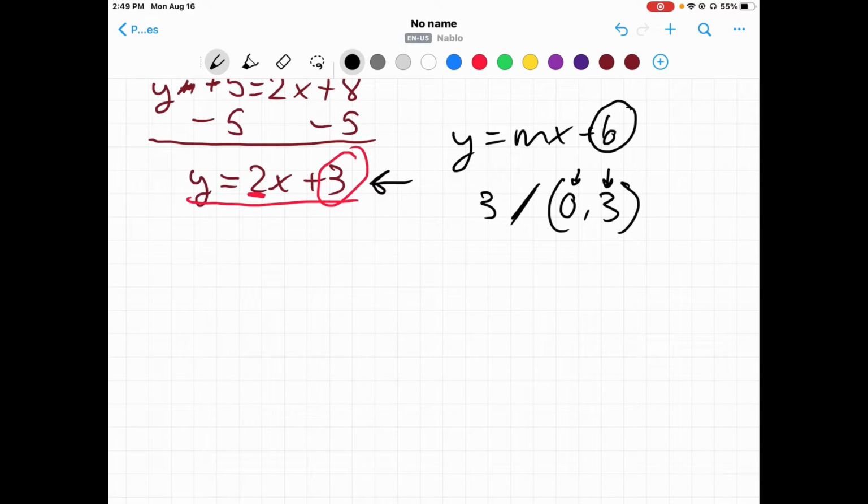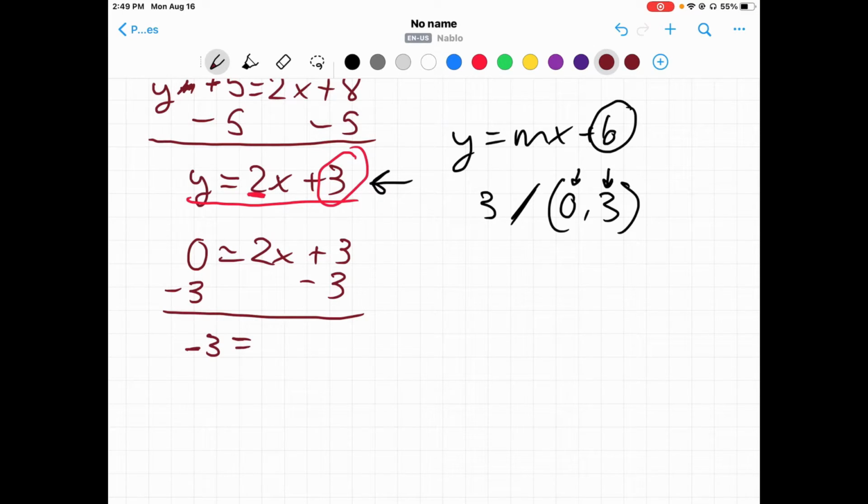Now, the x-intercept, so as I said before, we would have to set y to 0 to know what x is when y is 0, which is essentially what the x-intercept is. So 0 equals 2x plus 3, subtract 3 from both sides to isolate the x, and we get negative 3 equals 2x.